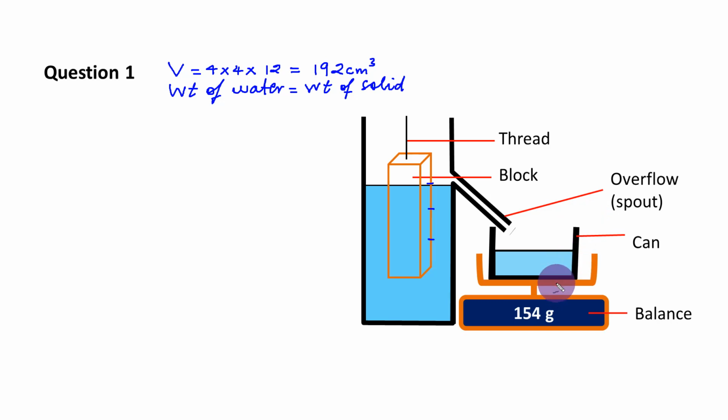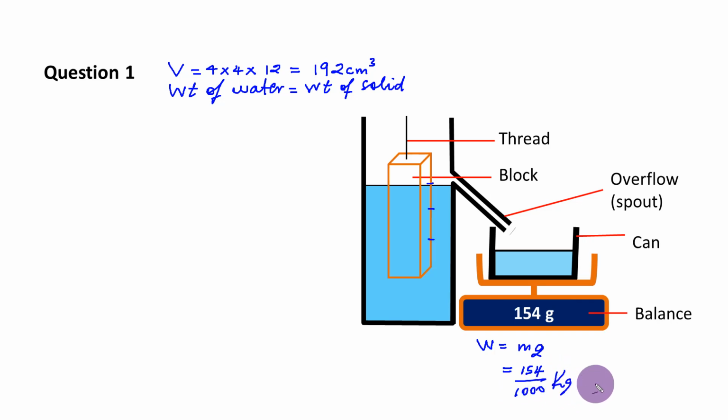So the scale was set to 0 with the container on it. So as soon as this water pours onto it, then the reading here becomes equal to the weight of that water. So weight being equal to mass times the value of the gravitational field strength, this will be 154 divided by 1,000.